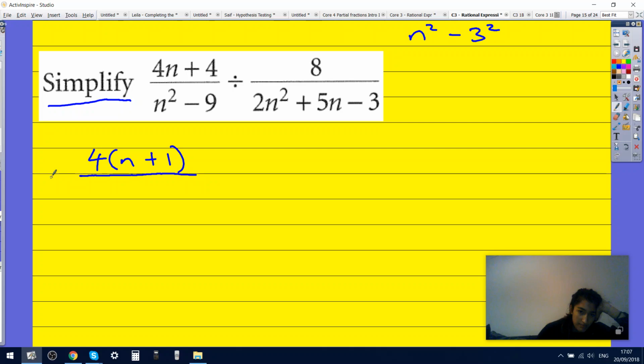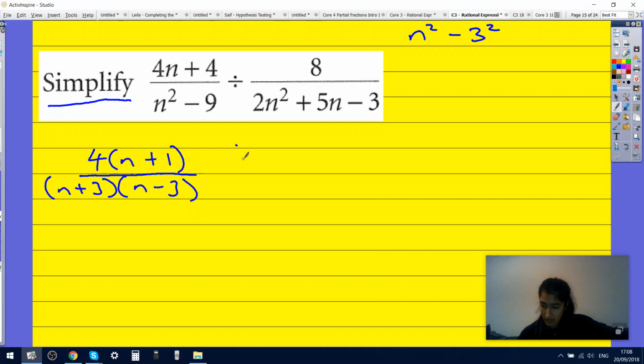And then I'm actually going to use my calculator because I can't bother. So 2n minus 1, n plus 3 over 8.